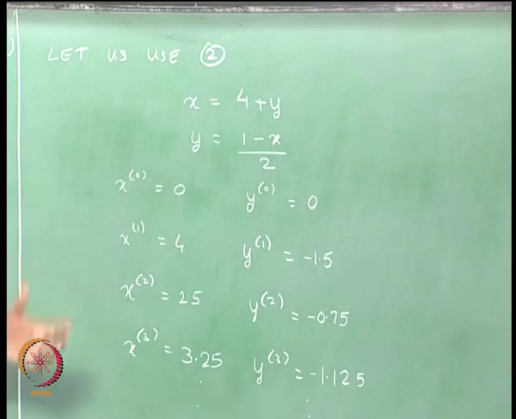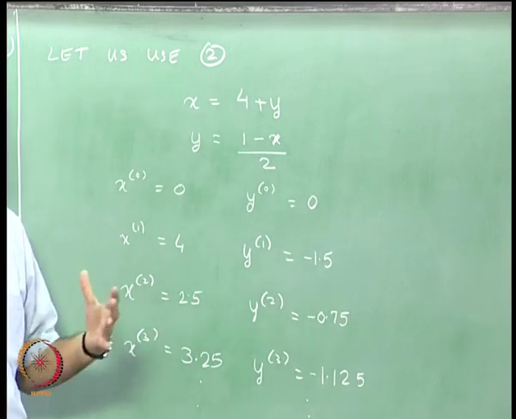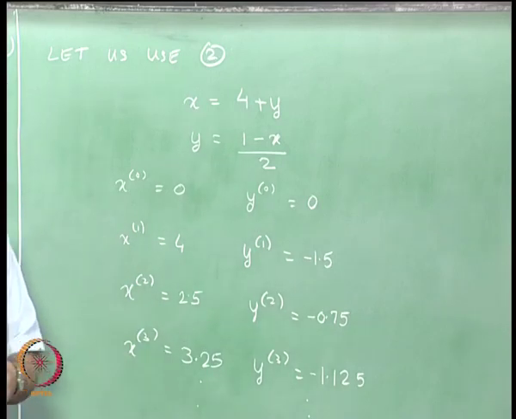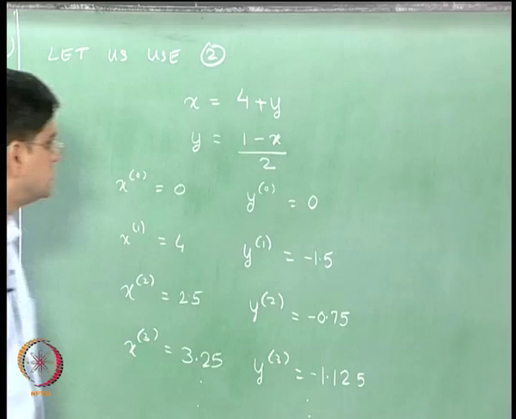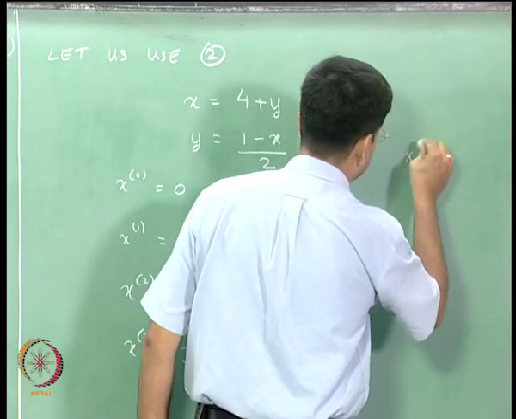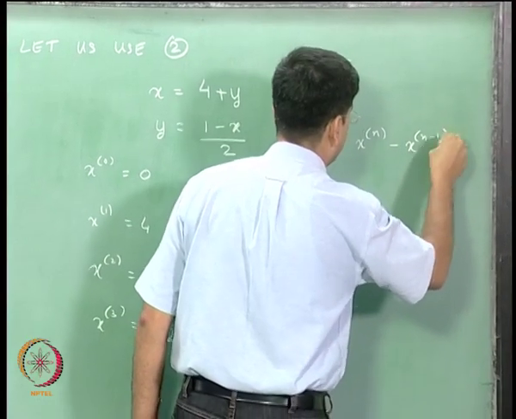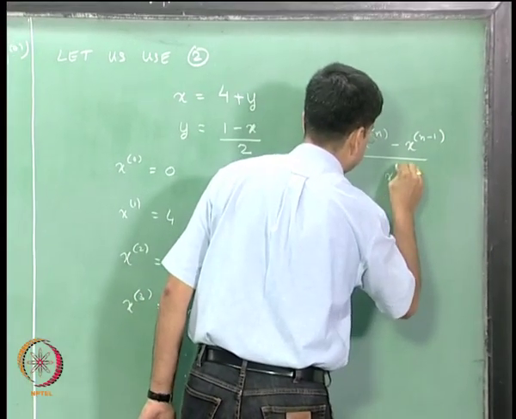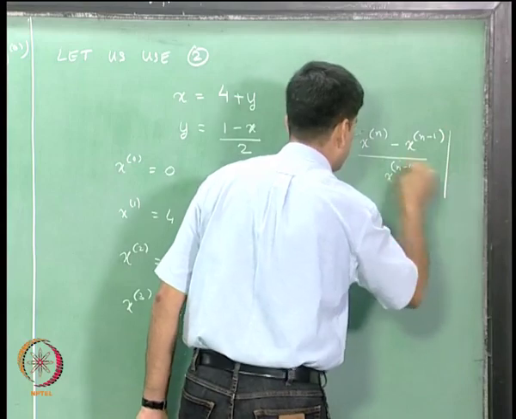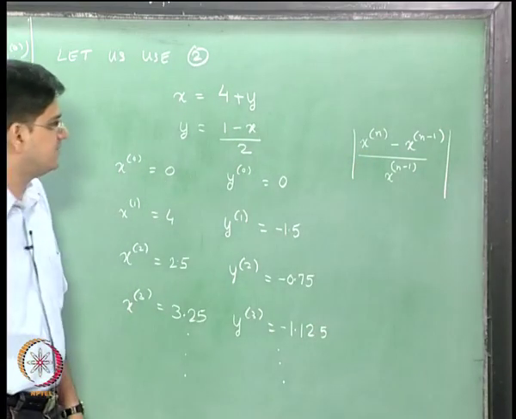The stopping criteria, keep in mind that essentially we do not know a priori what the solution is. For this particular example, yes, we do know that the solution is 3 comma minus 1, but in general we do not know what the actual solution is. So, what we have to do is compare the solution xn with xn minus 1, divided by xn minus 1.